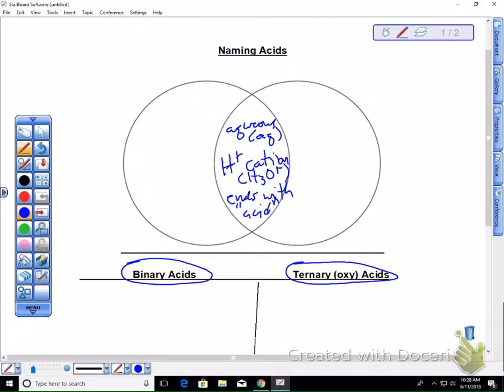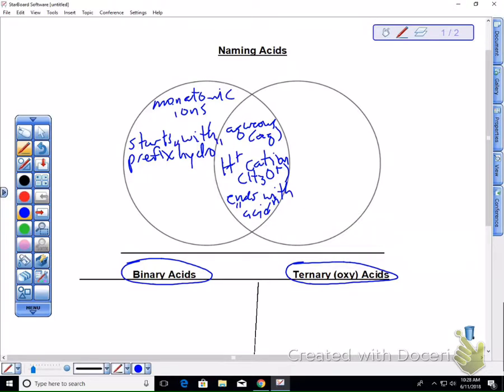First of all, binary acids are made from monatomic ions. So these are your oxides and sulfides and chlorides and things like that. Another unique thing about binary acids is that every name starts with the prefix hydro.